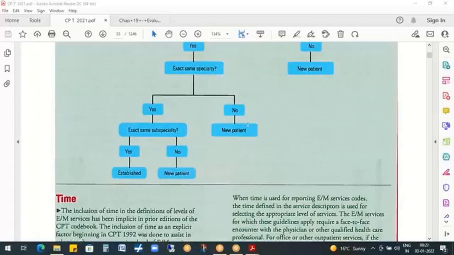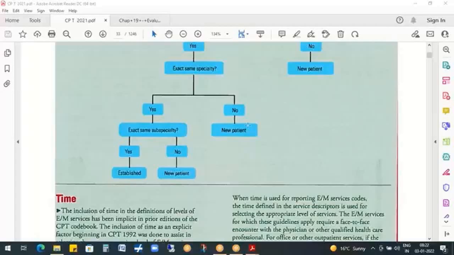Now, in that specialty, 4 or 5 physicians may work, but the patient is coming to the same specialty. Instead of one physician, another physician may cover the service, but he is an established patient only. If we change his specialty or subspecialty, then he is a new patient.